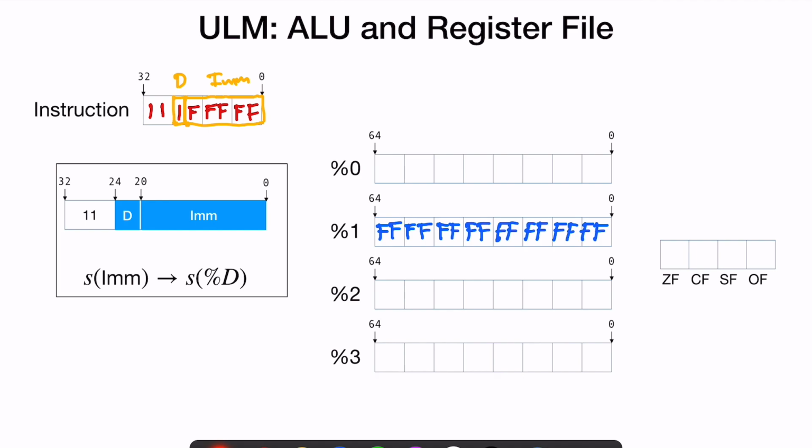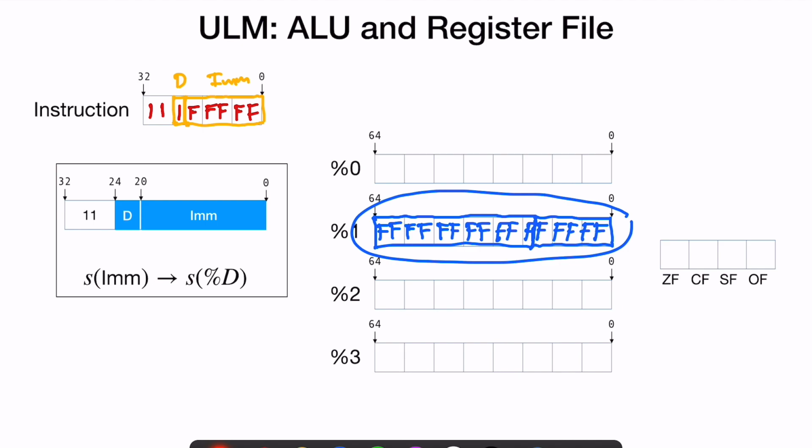What happened is that this is the data that was specified in the instruction and was copied into the register 1, and the remaining bits were just extended in such a way that the sign value of this here equals the sign value of the immediate value that you specified.